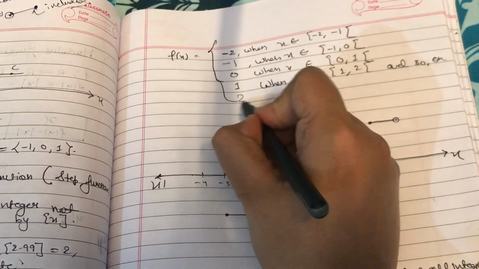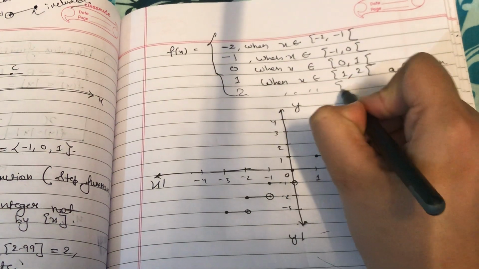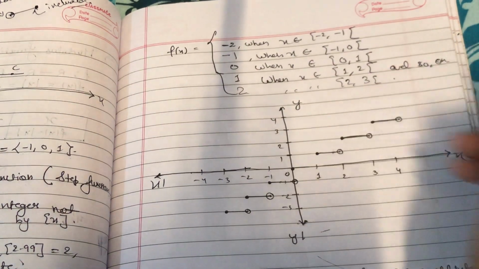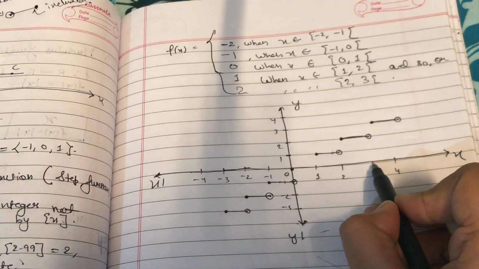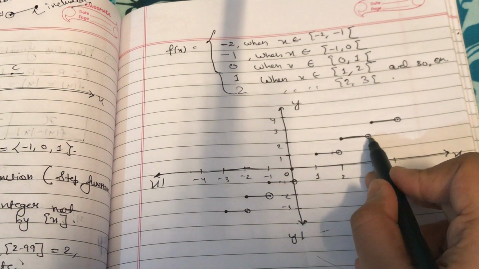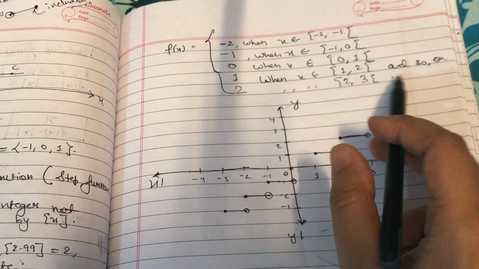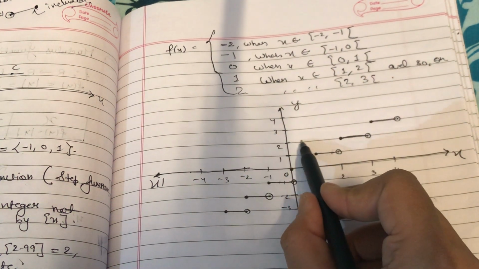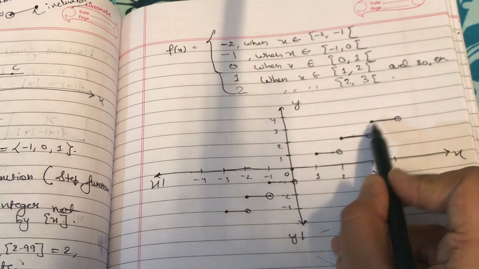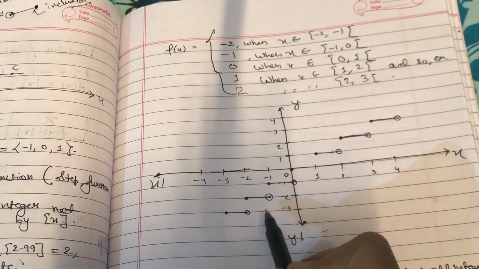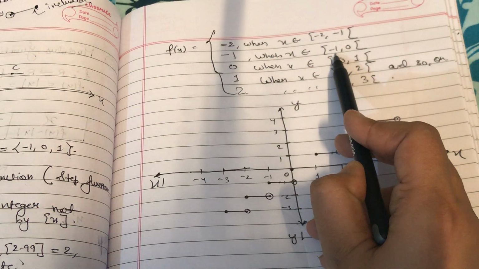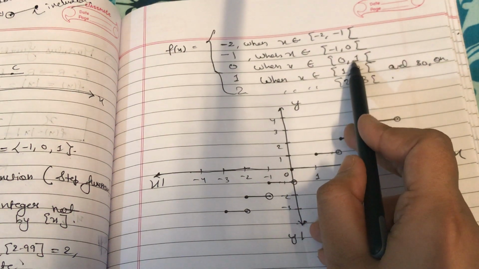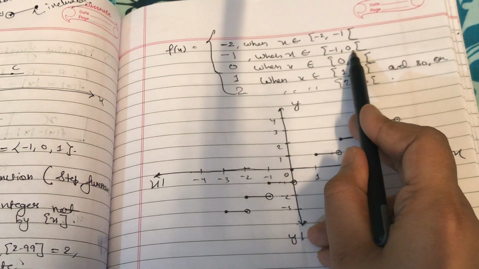Similarly, when x belongs to 2 to 3, which means for all the values of x from 2 to 3 where 3 is excluded, this is the excluded sign, what am I getting? 2. So as you can see, this is the level of 2. Similarly for the negative side, for all the values from -1 to 0, -1 is included, 0 is excluded.